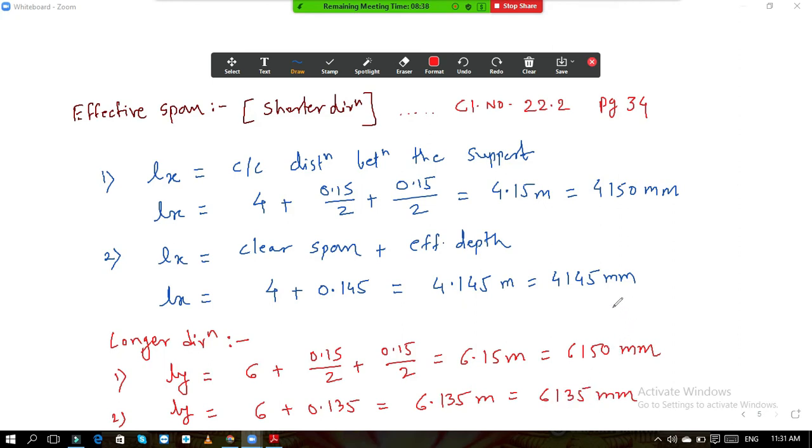So now see the lesser of these two, 6150 and 6135. 6135 is lesser. So along y direction, our effective span is 6135.